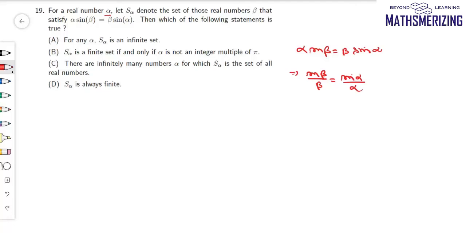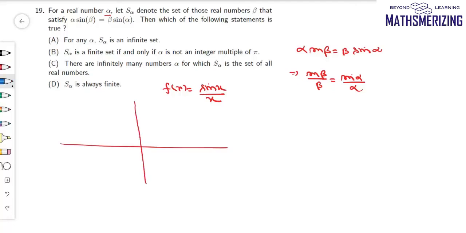In order to solve this question, I'll consider this function, which is f(x) equals sine x upon x. So now I'll draw the graph of sine x upon x. So we know that we can draw this y equals 1 upon x, and then we can take its reflection.